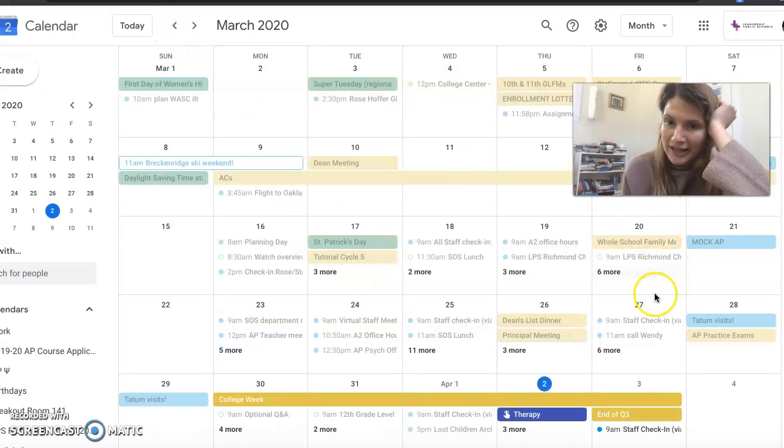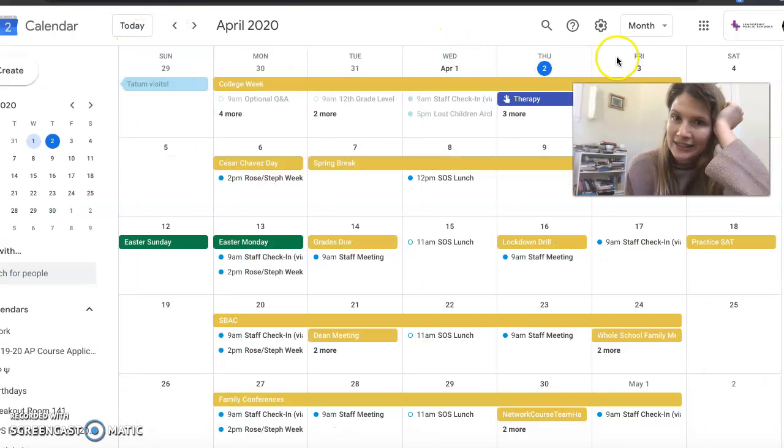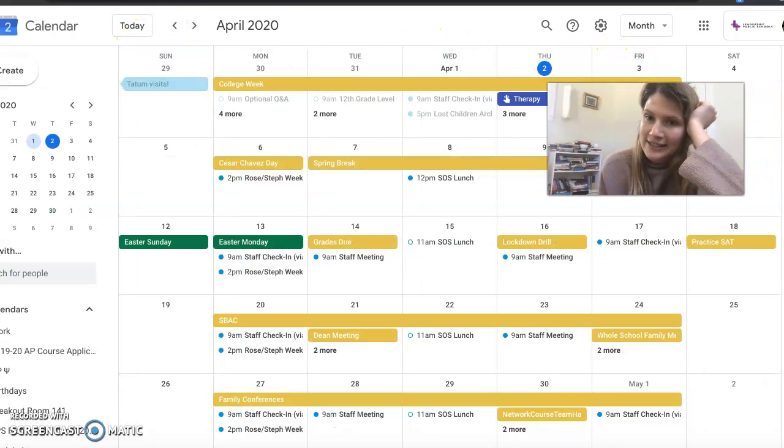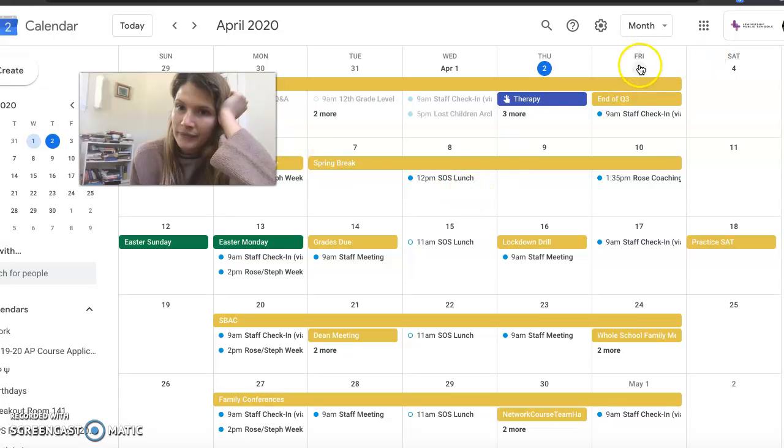So I could count by weeks because each week is going to be 7 days. So I could go 7 days, 14 days. So it's been 14 days here, and then it's been 21 days here, 21, 22, 23, 24, 25.